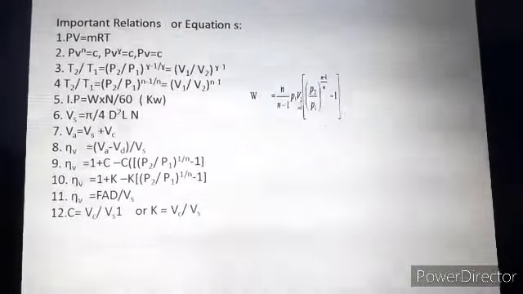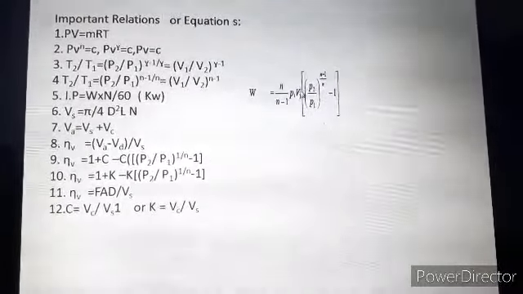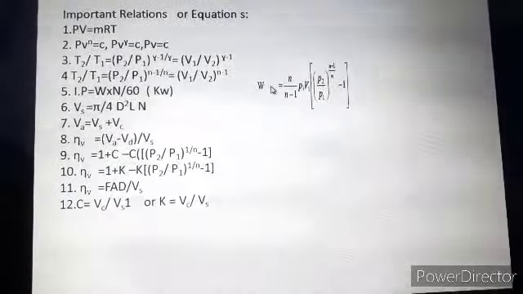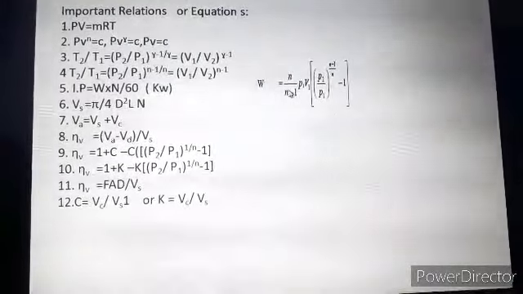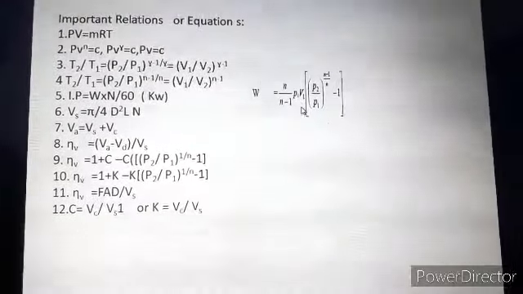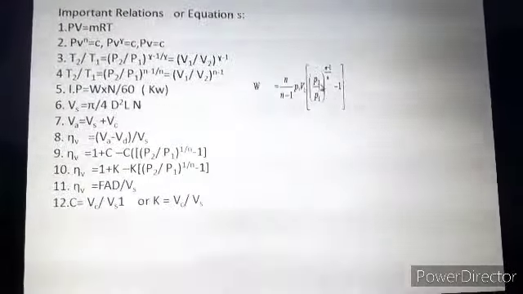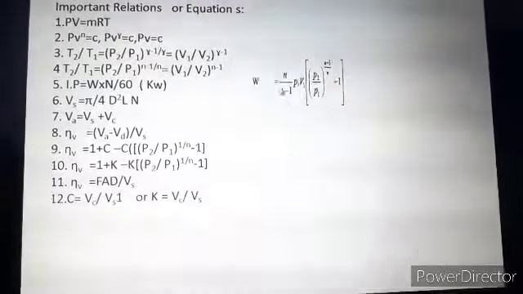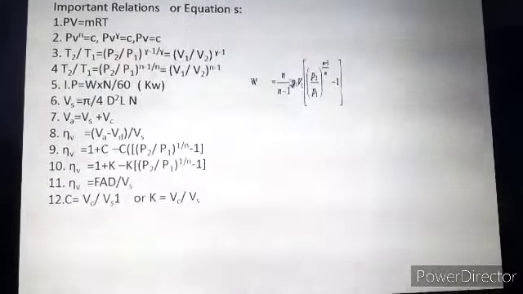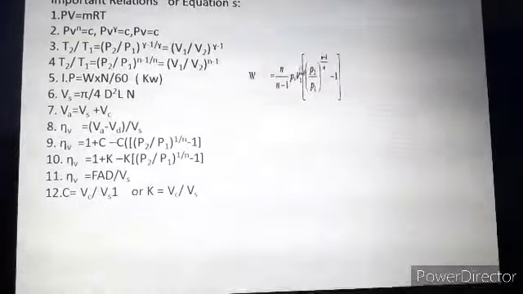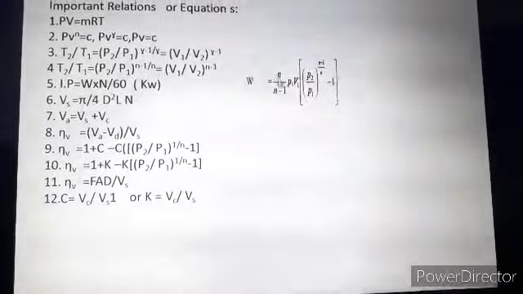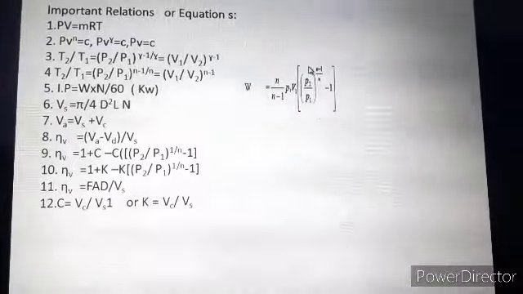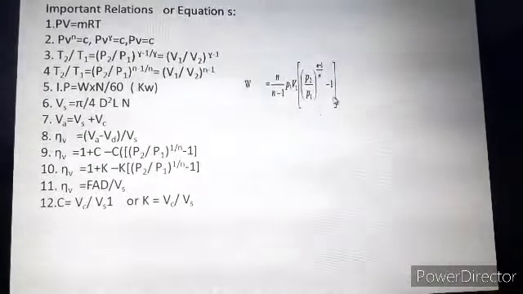Again we can replace P1 V1 by mRT1 using the general gas equation. So for polytropic compression we have n/(n-1) mRT1 [(P2/P1)^((n-1)/n) - 1], and for adiabatic compression we have gamma/(gamma-1) mRT1 [(P2/P1)^((gamma-1)/gamma) - 1].